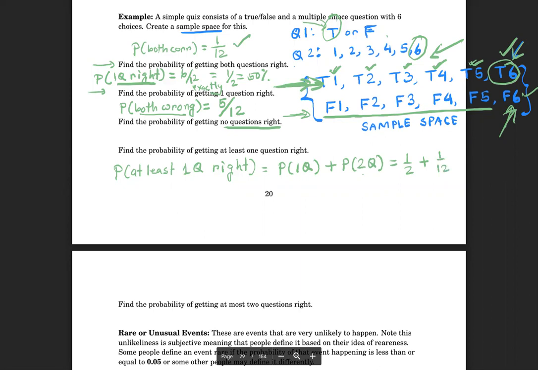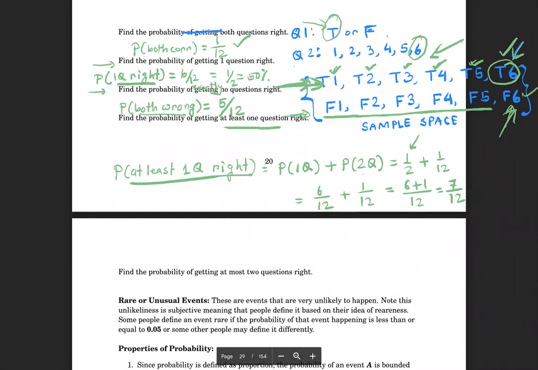If you do the math, it's going to be 6/12, which is 1/2, plus 1/12, so 6 plus 1 over 12, which is 7/12. So the probability of getting at least one question right is 7/12.